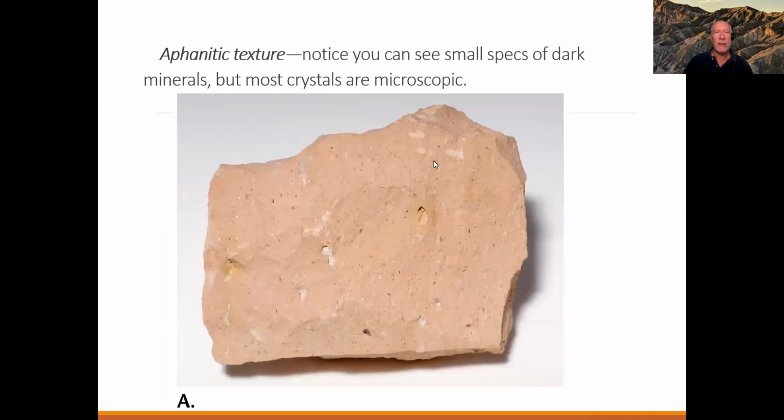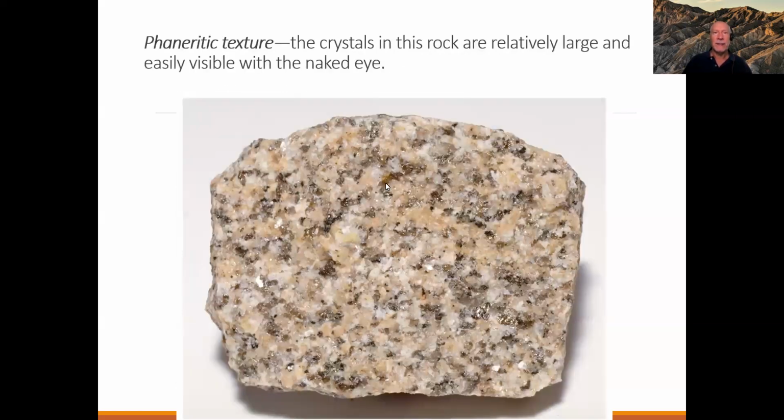So here's aphanitic. You can see little tiny specks right here, some dark crystals, which might be either hornblende or biotite. But otherwise, it's kind of this homogeneous looking, pinkish, tannish rock. You can't really see the crystals. You'd need to look at them under a microscope. And that's aphanitic. Compare this, where you can see these pink crystals are potassium feldspar.